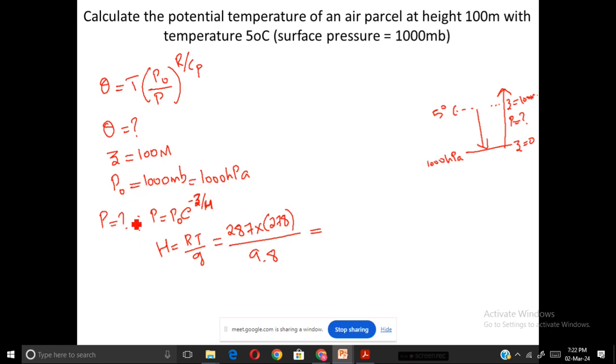Now we want to find P. We don't know the value of P, so to find it we use the equation P is equal to P0 e raised to minus Z by H. We know Z, we know P0, and we have to calculate H, the scale height of the atmosphere. H is given as RT by g, which is basically 287 into 278 by 9.8. Can you tell me what will be the scale height of the atmosphere?